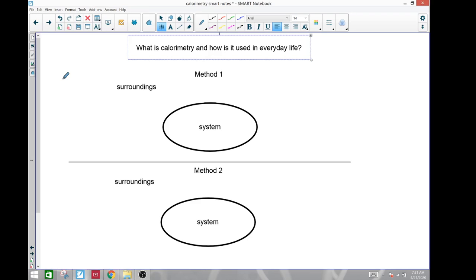So in general, let's think about this. You have a system and it's exiting energy. We generally have two ways that we look at this. One is method one, which we're going to just call calorimetry.